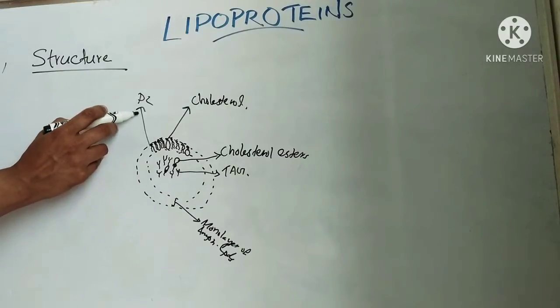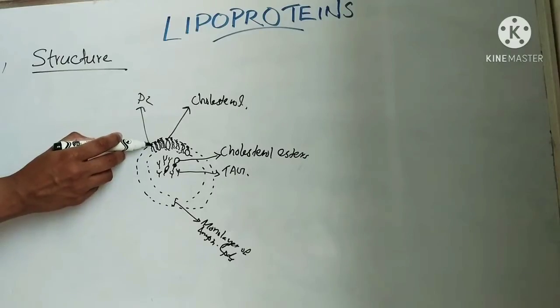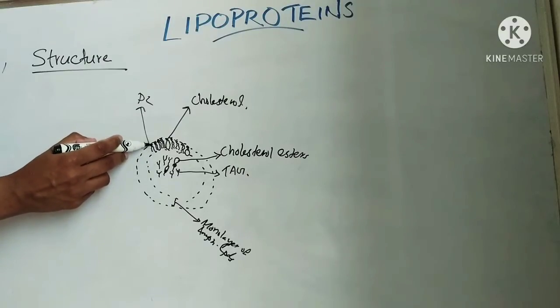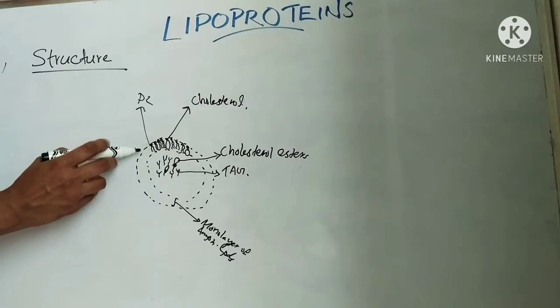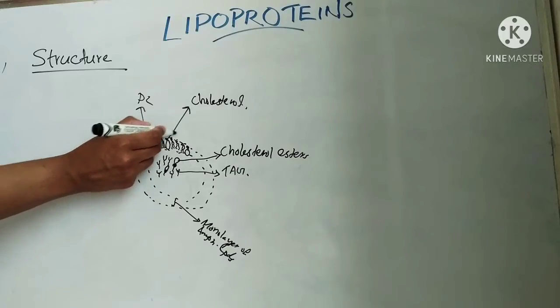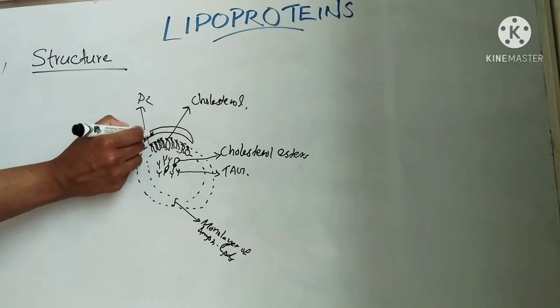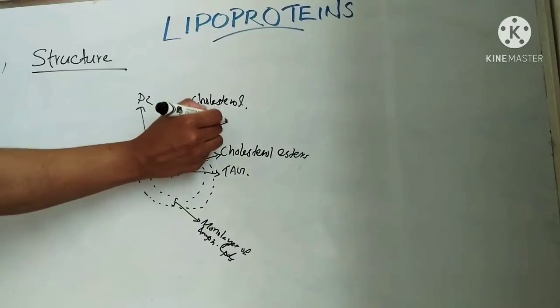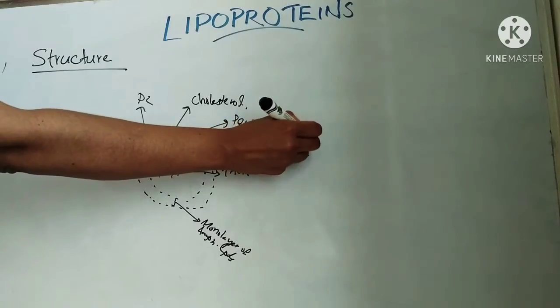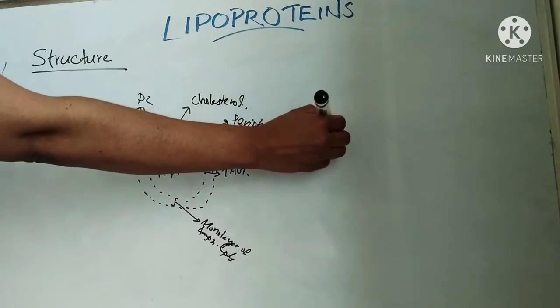In these phospholipids, the polar head is on the outer side and the non-polar tail is on the inner side. Then in the outermost layer there is peripheral apoprotein, for example ApoC.